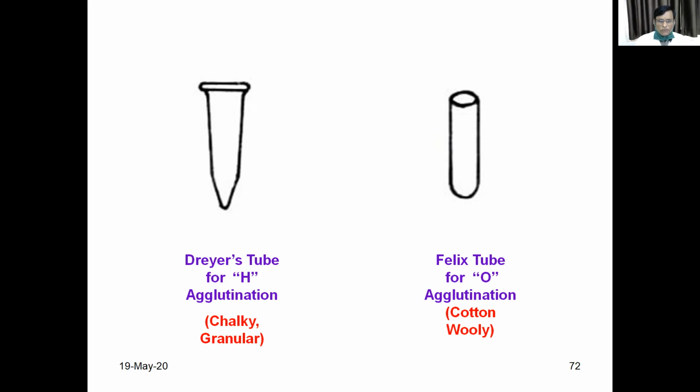One is called Dreyer's tube for detection of H agglutination, which is a conical bottomed one, where you will find cotton woolly agglutination. Whereas Felix tubes are round bottom tubes of 5 centimeters height, in which we detect O agglutination positivity by seeing chalky granular deposits.